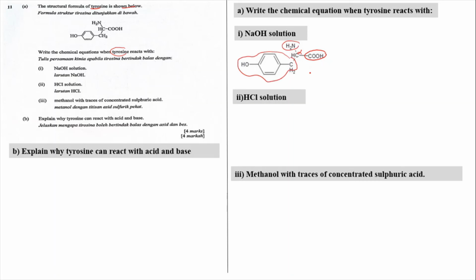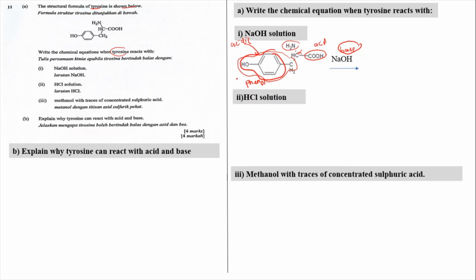When the tyrosine reacts with the sodium hydroxide, the sodium hydroxide here is acting as a base. The base is going to react with acid, which comes from the carboxylic acid, and at the same time, the side chain here, as you can see, has the structure of phenol. The phenol here is acidic. So the base is going to react with the carboxylic acid, and at the same time the base will also react with the phenol.